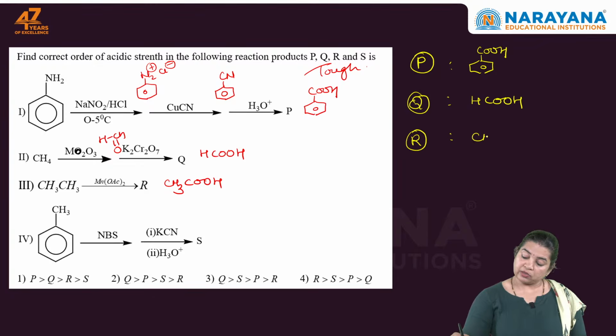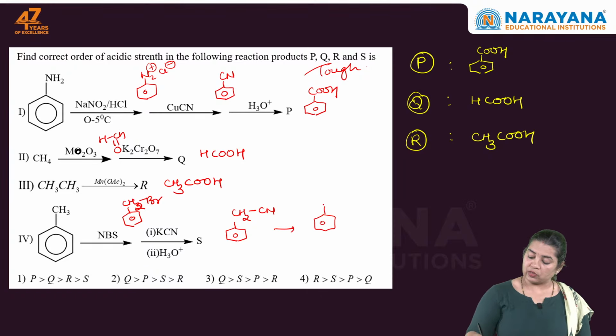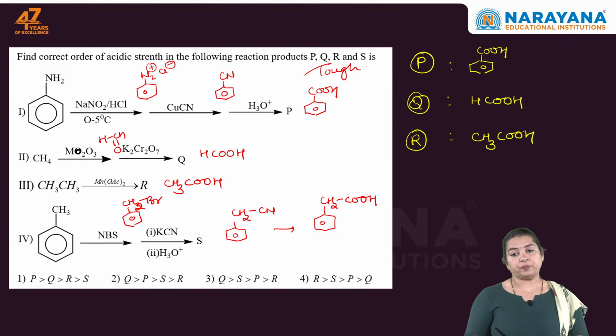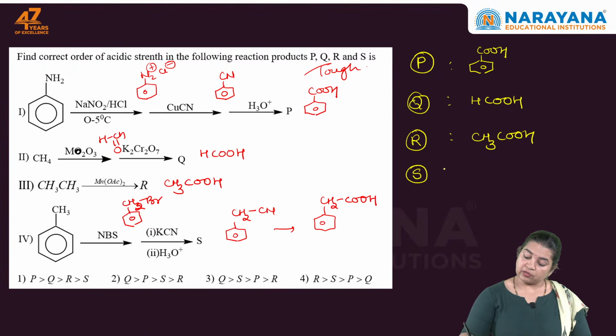So R is acetic acid. Moving to reaction number 4, toluene on reaction with NBS will form CH2Br. Then with KCN and hydrolysis gives you CH2CN followed by hydrolysis CH2COOH. Okay, so we have got S.